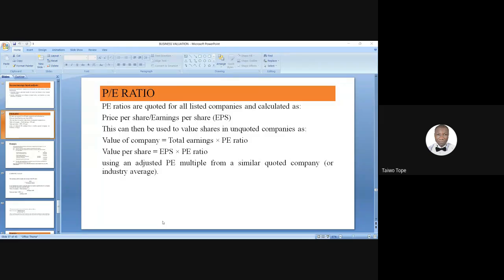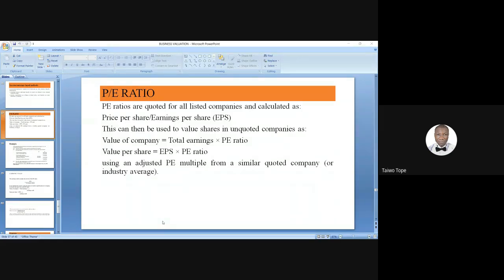So it represents the present value, take note now, the present value of all future dividend payments discounted at the rate of return to equity holders.